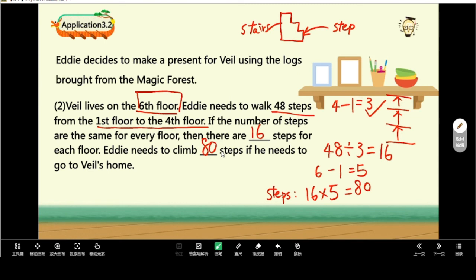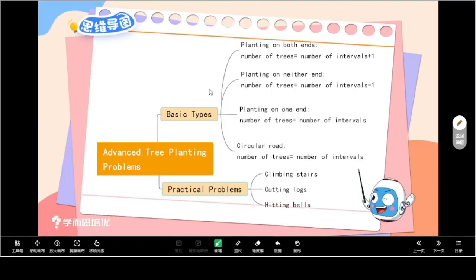So today we have learned many different kinds of interval problems. You are very good, and let's move on to our final conclusion. Other than the basic type of tree planting problems, we also know how to calculate intervals, the number of intervals, and the length of intervals, right?